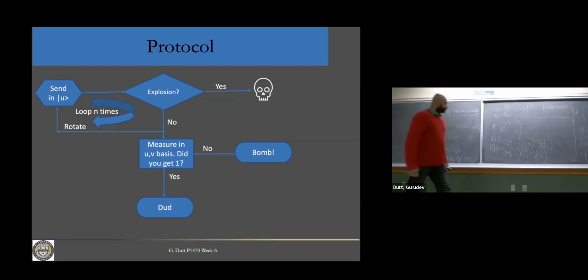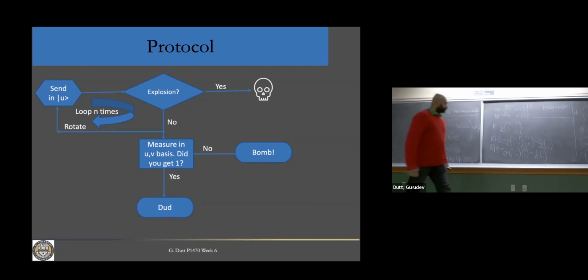Therefore, the total rotation is pi. So the qubit has started in the 0, 1 basis and ended up in the 1, 0 basis at the end. And so now a measurement of 1 will give me proof that this is a dud.